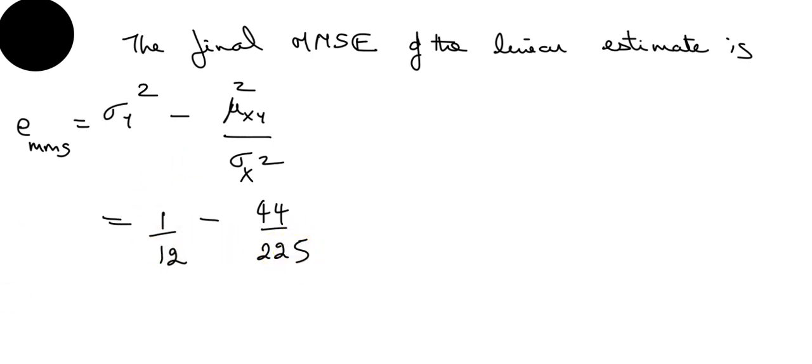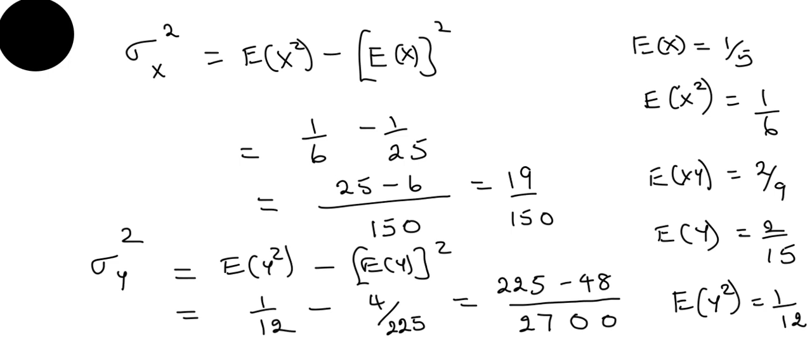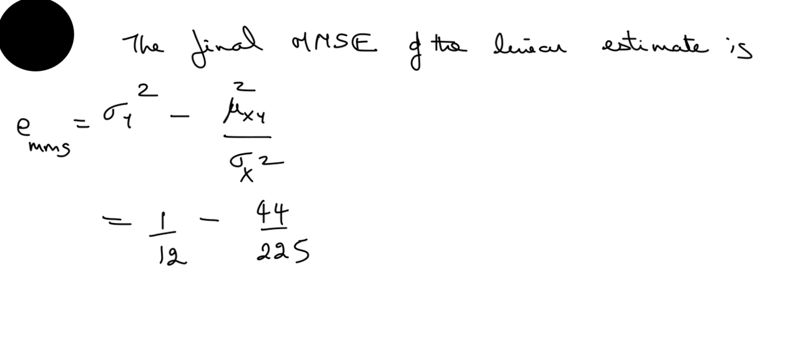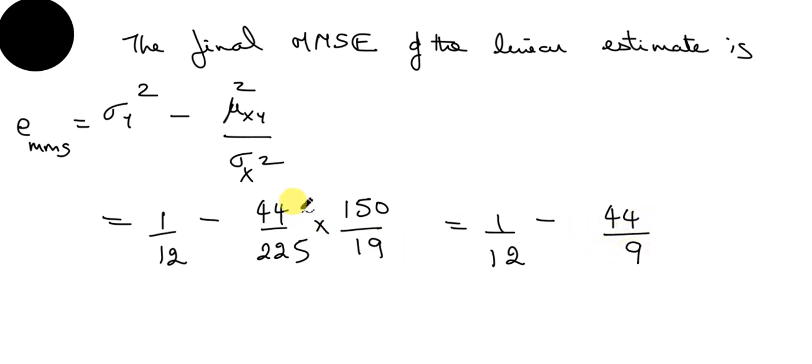I have to divide by the variance. So my variance value over here, sigma x squared value is 19 by 150, which we had got earlier. So 19 by 150, when I revert it, 150 by 19. So this is 1 divided by 12 minus, again you have minus 44. 25 will go in this 9 times and 25 will go in this 6 times by 19.